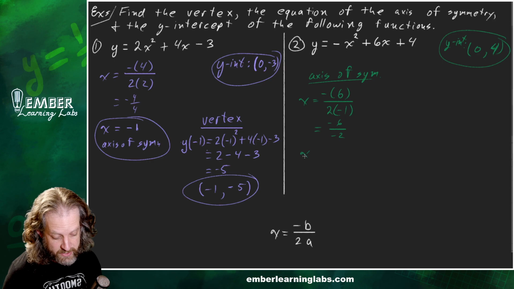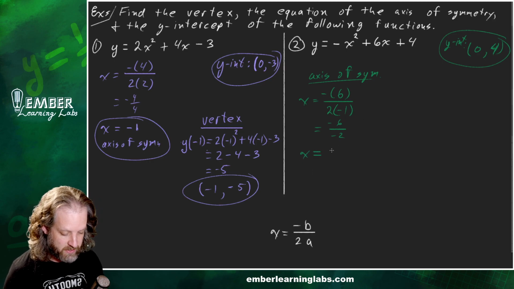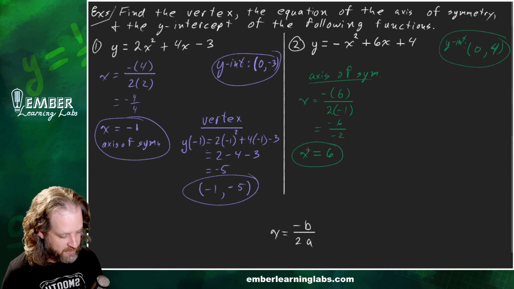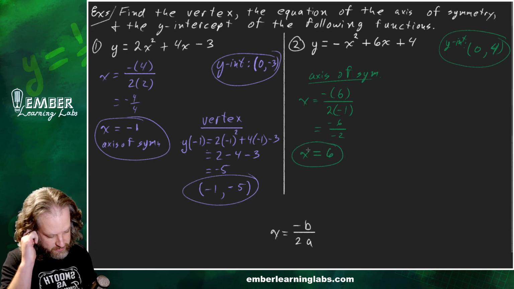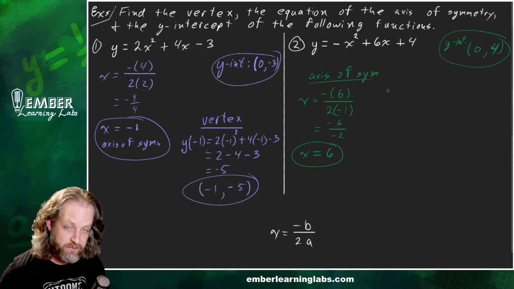These won't always be whole numbers, or integers, I should say, but they are in both of these examples. They don't have to be. Fractions are numbers too. So the axis of symmetry is at x equals 3. To find the vertex, we're going to find f of that number.